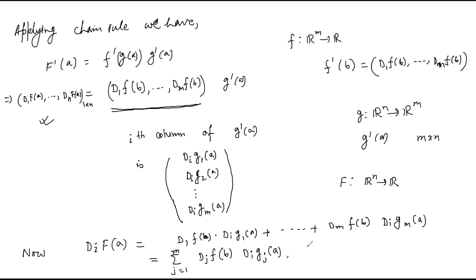And recall that b is equal to g1 of A, and so on, gm of A. And this is what we wanted to prove. So this completes the proof of theorem 3. So stop here.